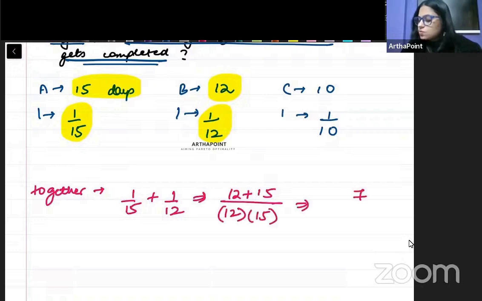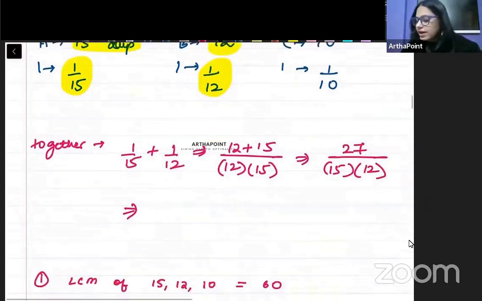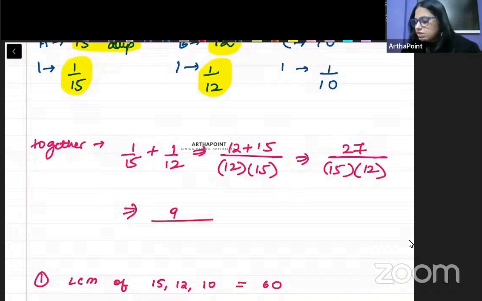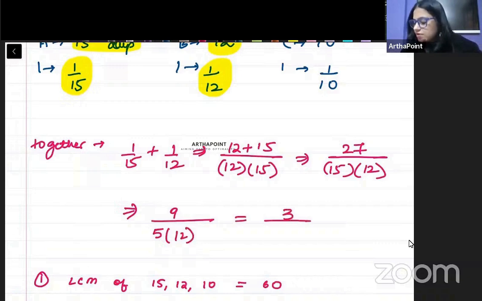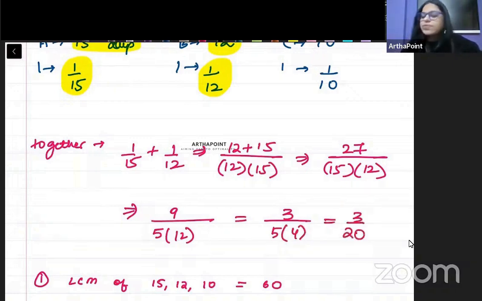So this is going to be 27 divided by 15 into 12. So 3 9s are 27, 3 5s are 15, 4 into 12, and this is going to be 3/5 into 4. So this is going to be 3/20.